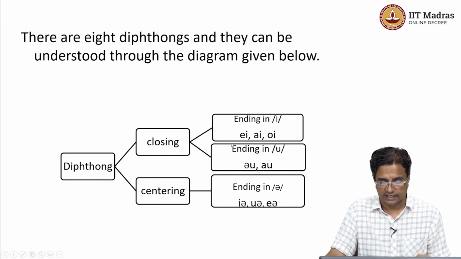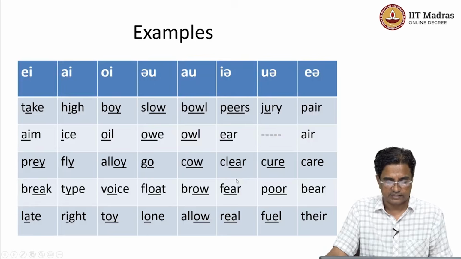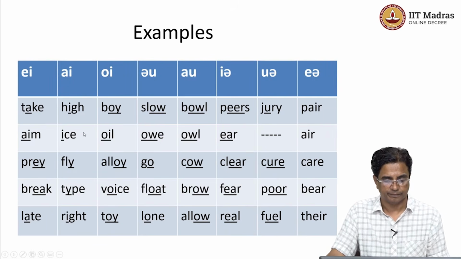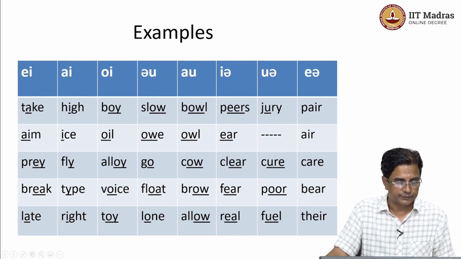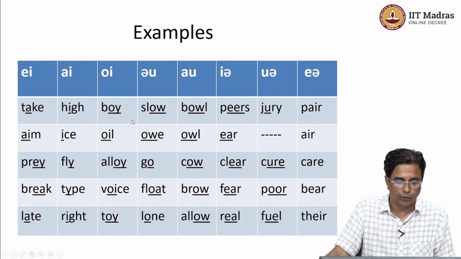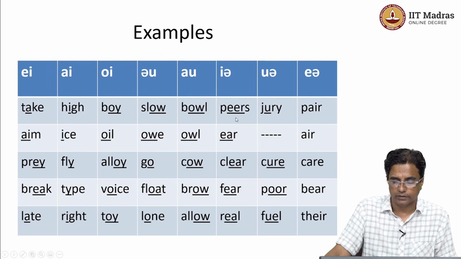So you have seen 8 diphthongs, and this is what they are, and see more examples of them. Take, you have already seen. High. Boy, you have seen. Slow. Bowl, pierce, jury, pair.